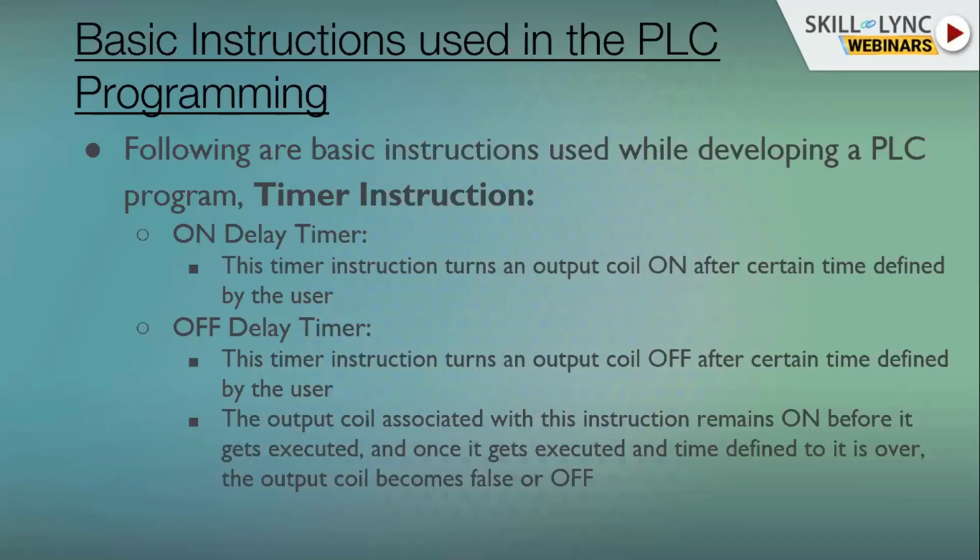Then we use this timer to stop there for 2 minutes. The timer has various parameters, one of which is how much time it should run, so we give 2 minutes. After 2 minutes, the timer output gets energized and gives a signal to the output connected in the same programming line, and that output will give a signal to, let's consider, a motor starter to move the bottle away.